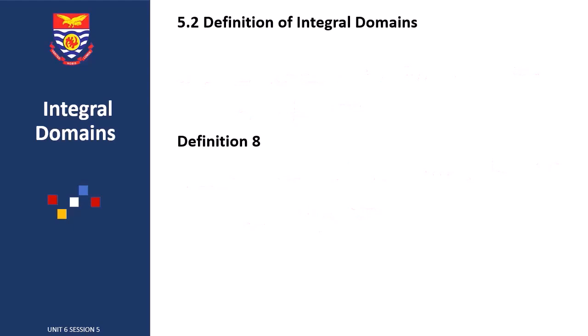Definition of integral domains. Let me write it because you don't have it here. An integral domain, let's say D, with addition and multiplication, is a commutative ring with identity where 1 is not equal to 0, with no zero divisors.